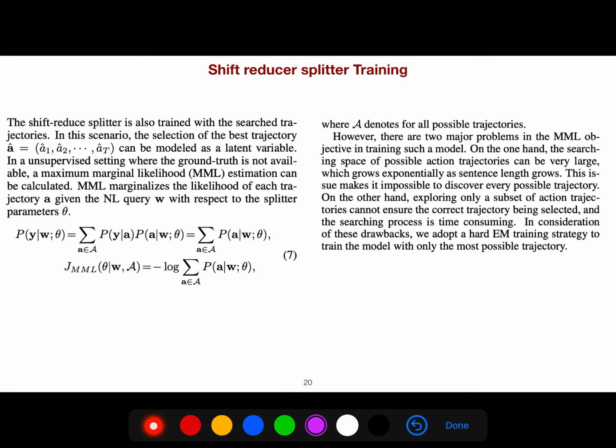So you know that this one is 1 because we are marginalizing over all action sequences. Each of these A is just a sequence of actions: shift, reduce, shift, reduce, and so on. We know that all of them should create the logical form that we want, the gold one. So it's simplified to this.